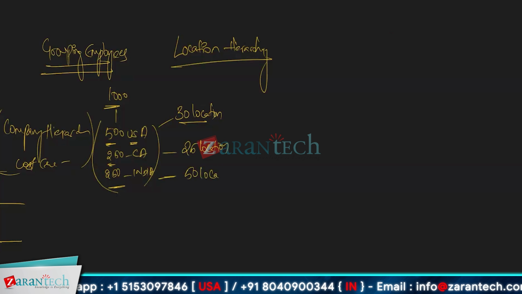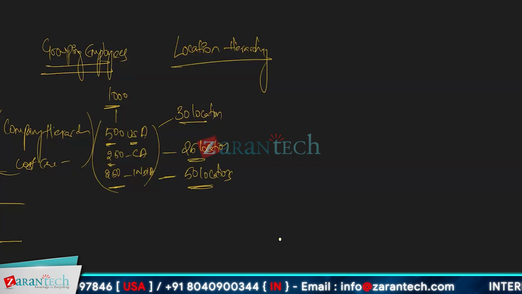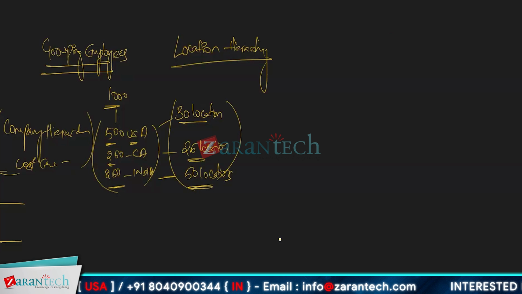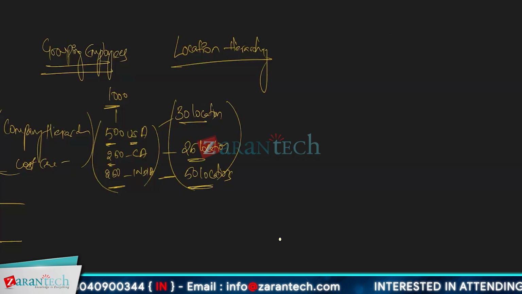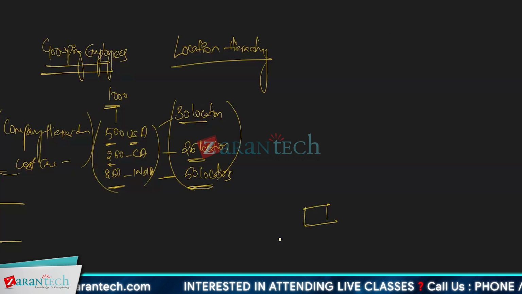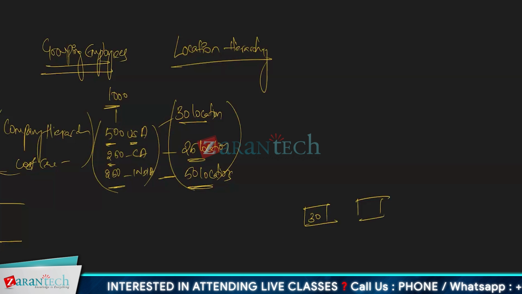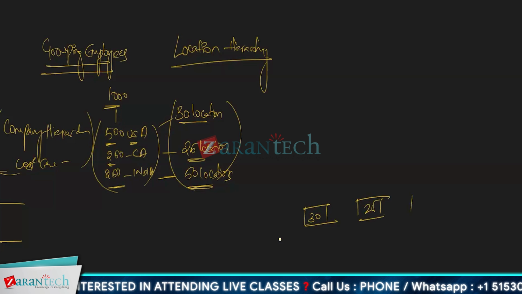These are all assumed values. There is no logic behind how I'm getting these numbers. So now you have these different locations created: 30 in the US, 25 in Canada, and 50 in India.